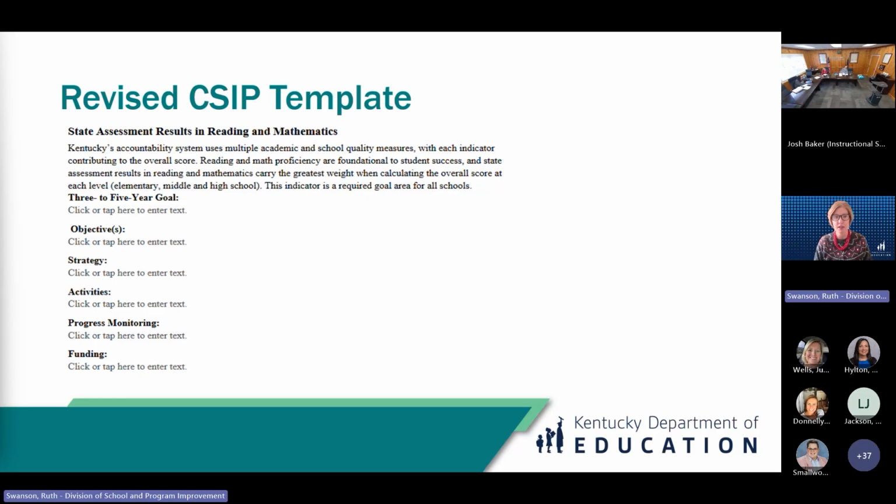That's definitely an area where you could list strategies and activities for those low performing subgroups. But if, let's say, you're a high school and post-secondary readiness for your targeted subgroup is an issue, that may need to be added as an optional goal area on your goal building template in order to get these activities and strategies outlined for your particular subgroup.